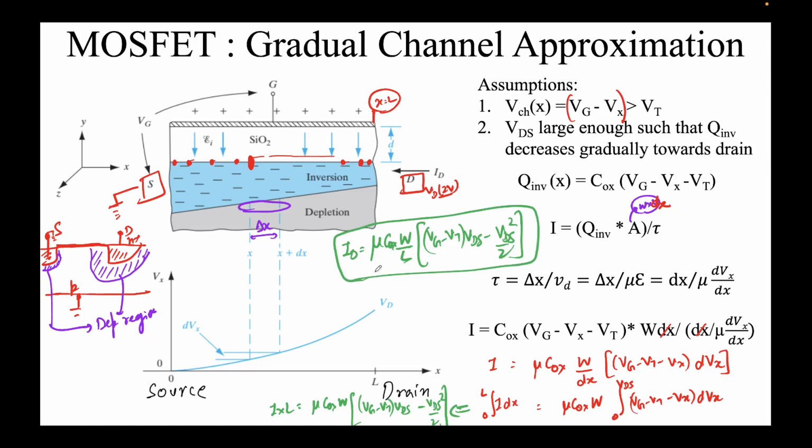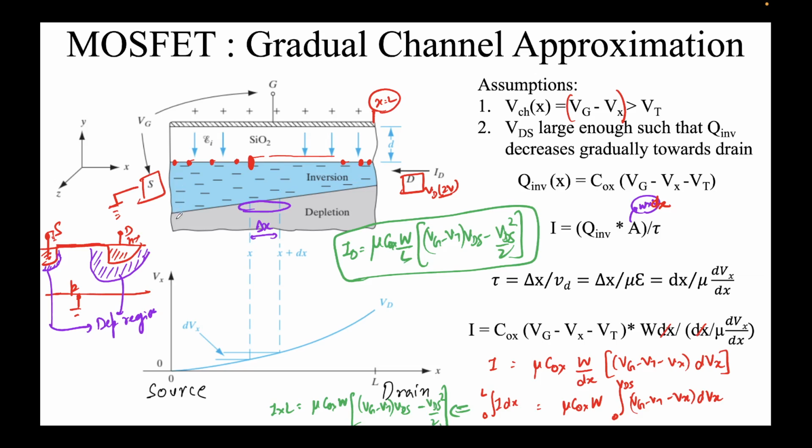Just to summarize it again, what we are doing here is, we are assuming that throughout the channel we are in inversion. We have entered the inversion. So at every point over here, the inversion layer is still there. The only question is that when we talk about gradual channel approximation, the inversion layer is not uniform. It's tapered. And the reason it's tapered is because the potential Vd is high enough that more contribution is being caused by the depletion layer as compared to the inversion layer.